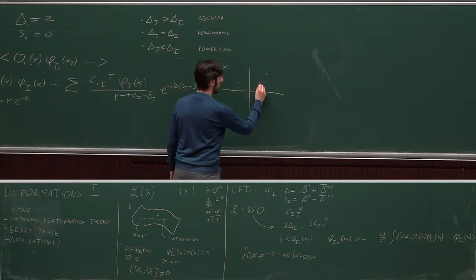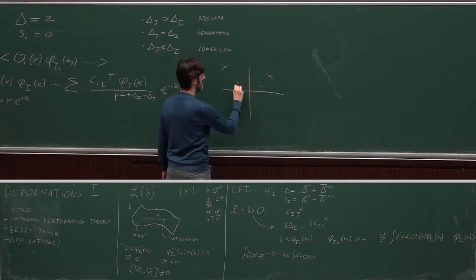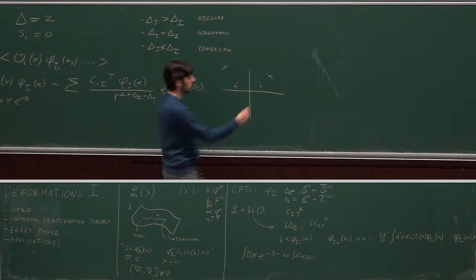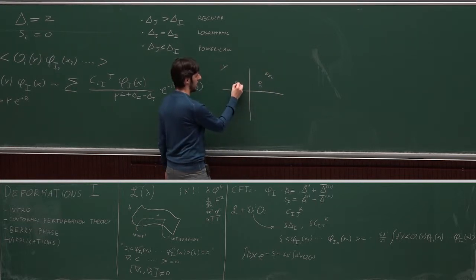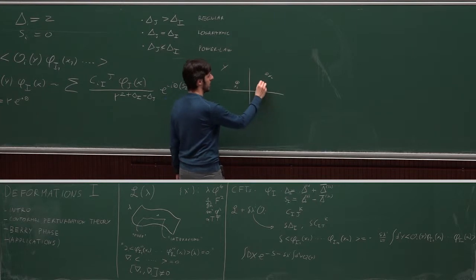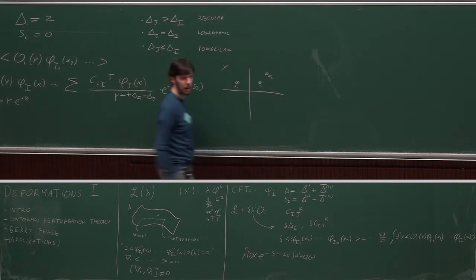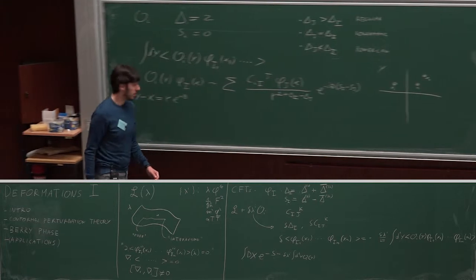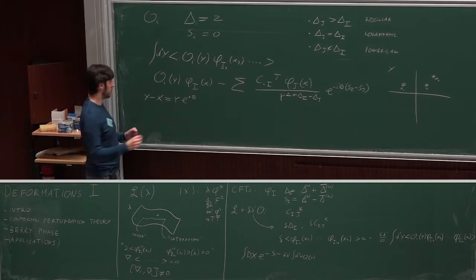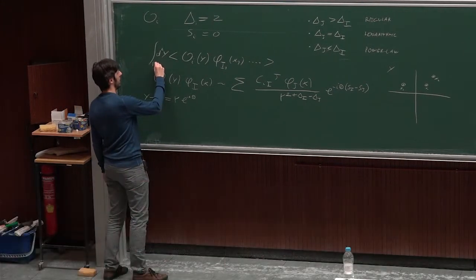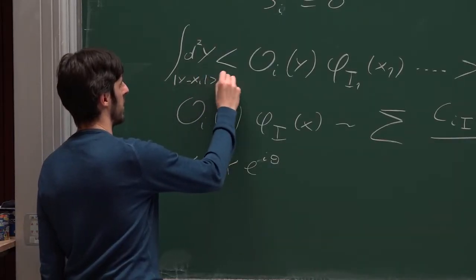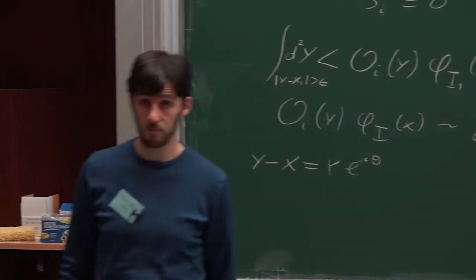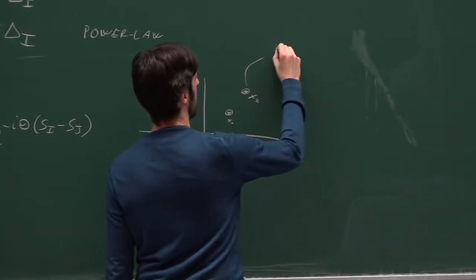You have x1, x2, etc. And I'm going to remove small disks around these points, and I excise them from my integration domain. This is my regularization prescription. So I just restrict my integral to the region where this is bigger than epsilon. I cut balls of size epsilon, disks in this case.